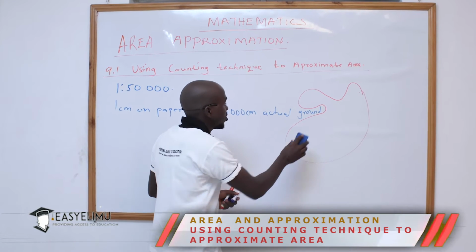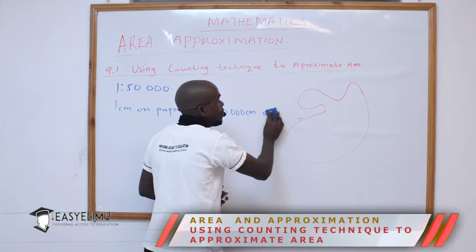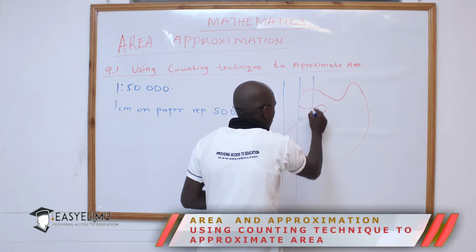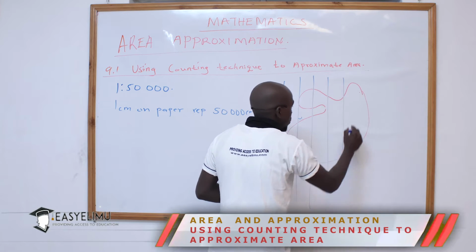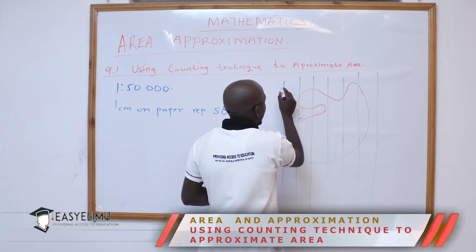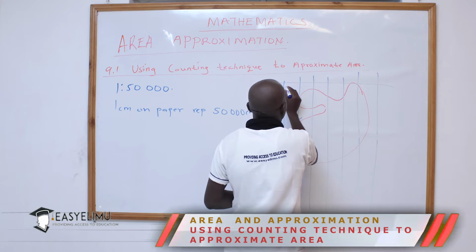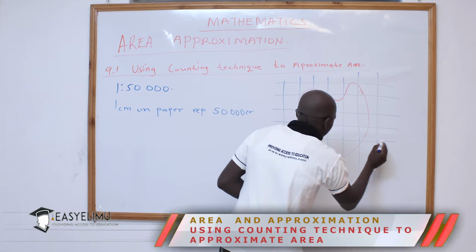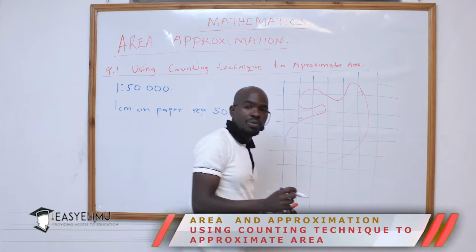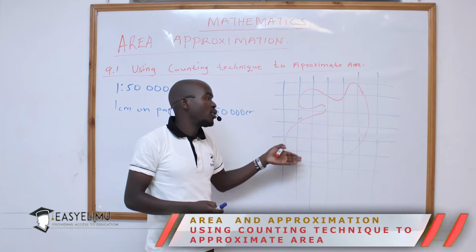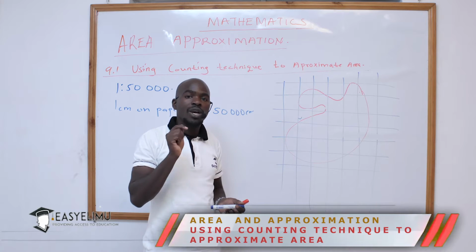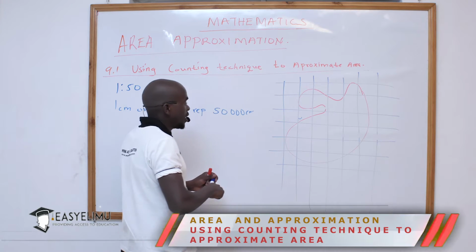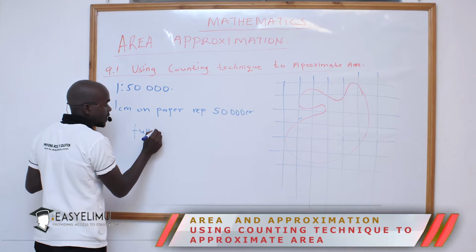Let's say that on transferring to our paper, we get this figure. Assuming these boxes are 1 square centimeter each, we first count the full boxes, or full grids.